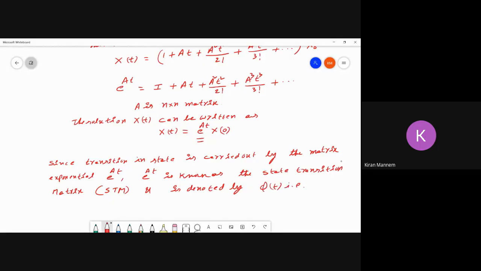So phi of t is equal to e power at, which is known as state transition matrix. This is about state transition matrix.